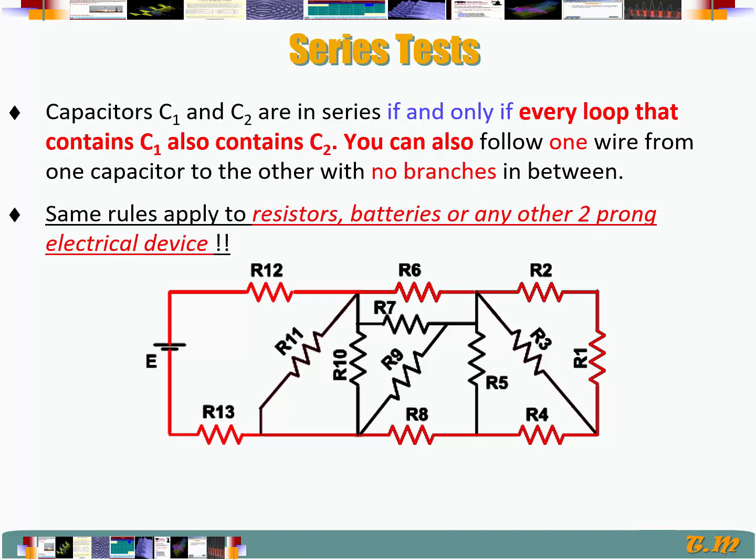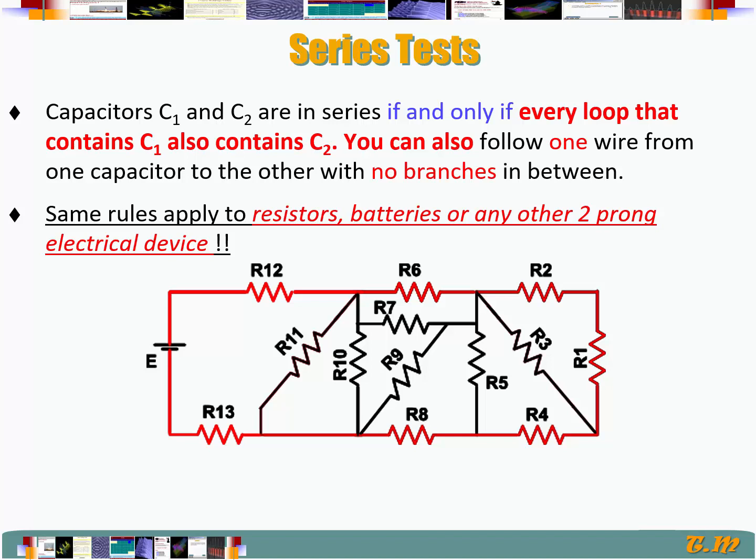Now, the other test works a little differently. What I need to do is, starting at the resistor, for example, here I'm going to try to compare R12 and R6. Starting from one of the resistors, I'm trying to go to the other one. Can I find a path with no branching?